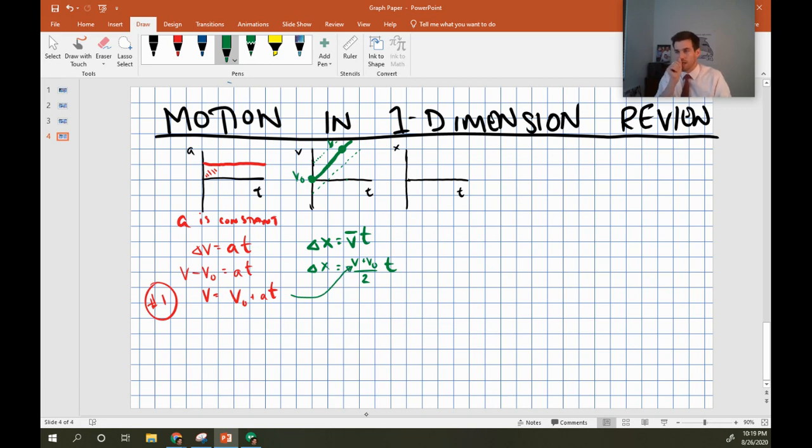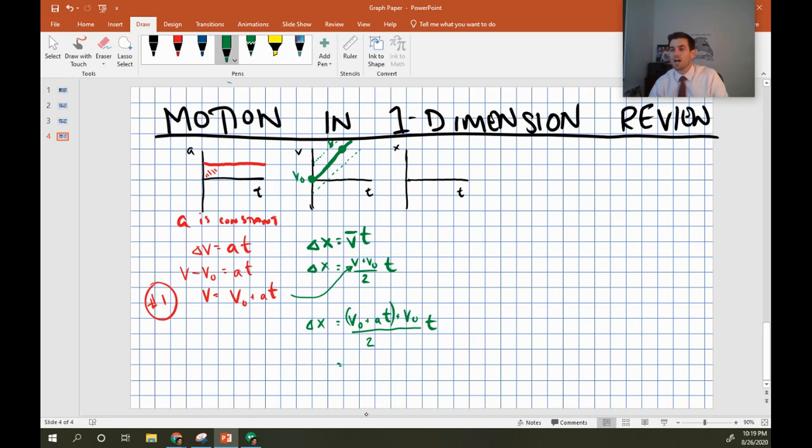And if we plug that in, we already have a velocity value. So we can say v naught plus at all over 2 plus another v naught. So this right here just replaced v for us, and we have the v naught. All of that times t is equal to delta x.